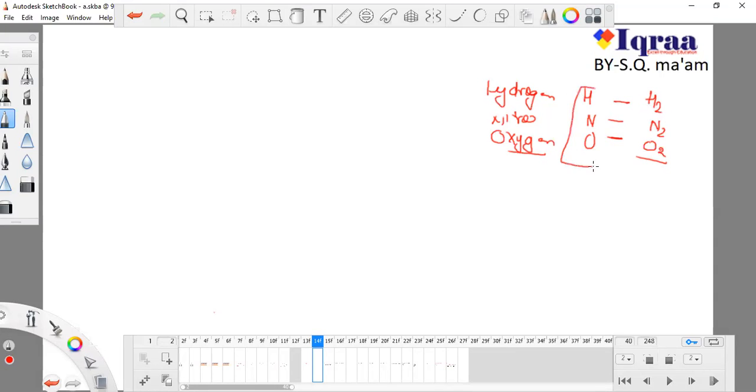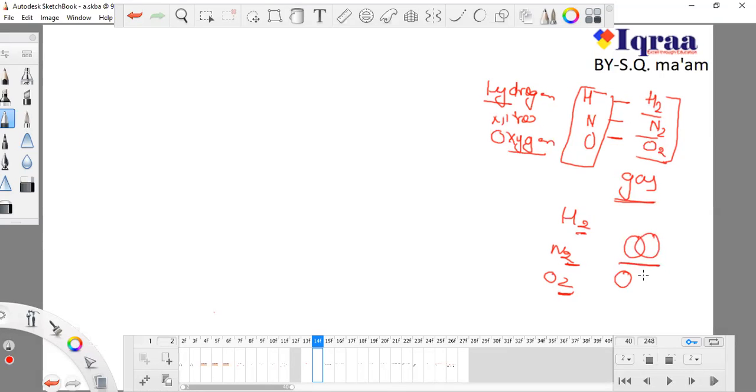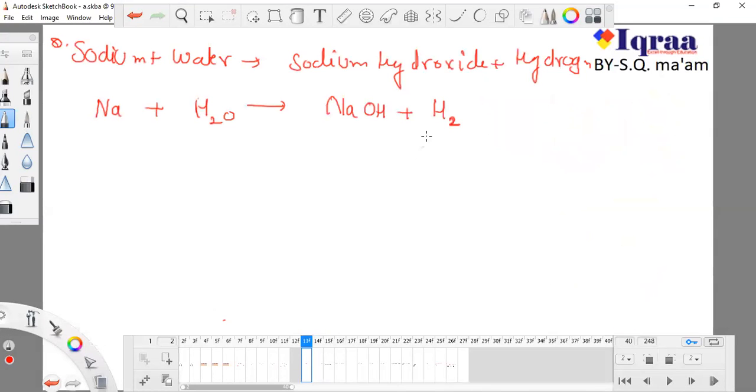This is the thing I'm telling you, you have to remember that whenever they ask about hydrogen, nitrogen, oxygen, they are always present in gaseous form in nature. So you have to write H2, N2 and O2. This 2 behind means these two hydrogen atoms, two nitrogen atoms, two oxygen atoms are together and working together. So you have to write this. Okay, so I wrote this.